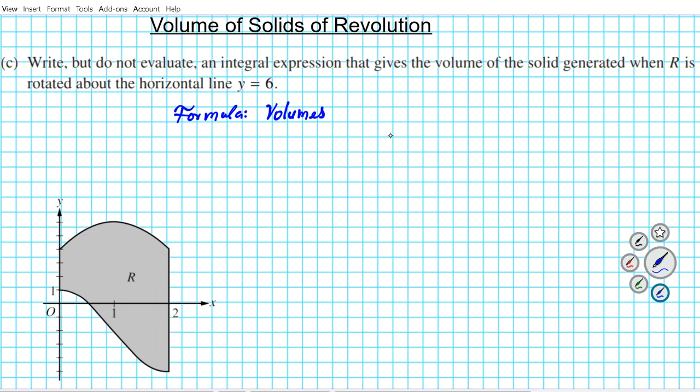In this particular case it is a horizontal line. So let's look at the formula for volumes of solids resulting from revolution around a horizontal line.